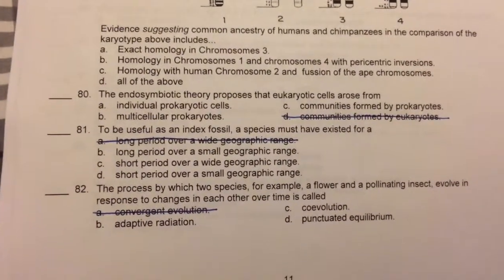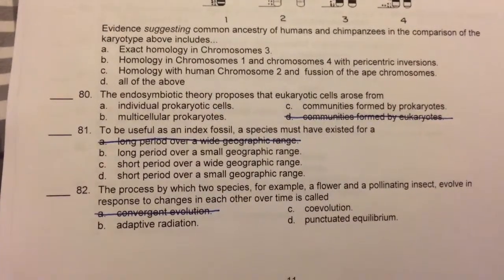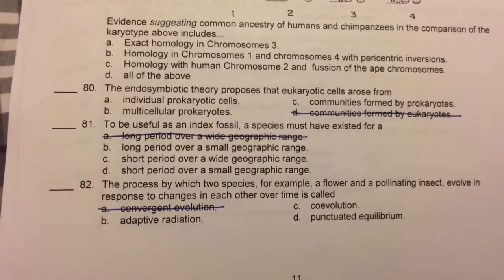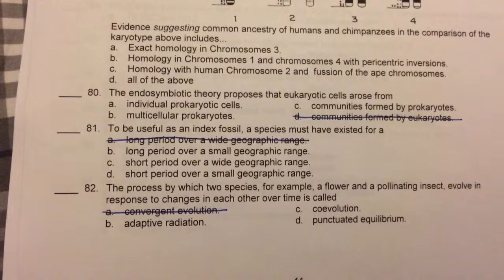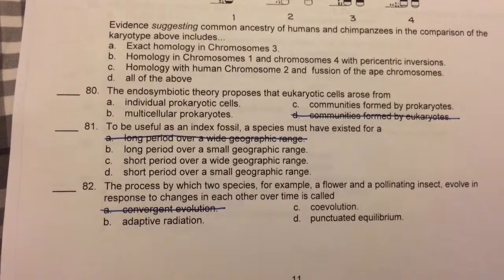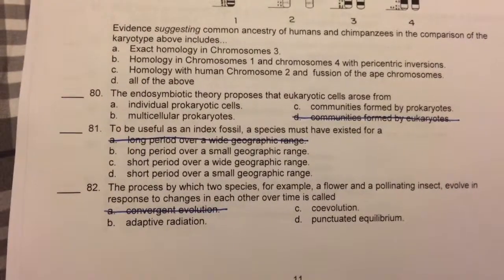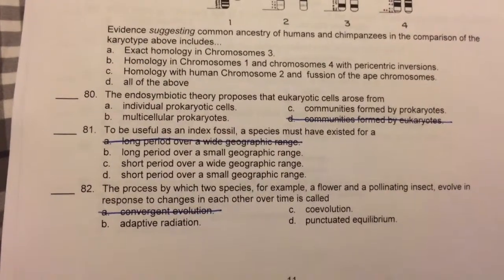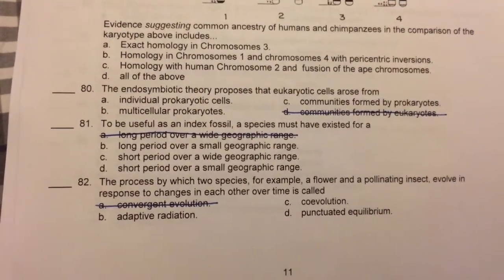Number 80. The endosymbiotic theory proposes that eukaryotic cells arose from A. Individual prokaryotic cells, B. Multicellular prokaryotes, or C. Communities formed by prokaryotes.